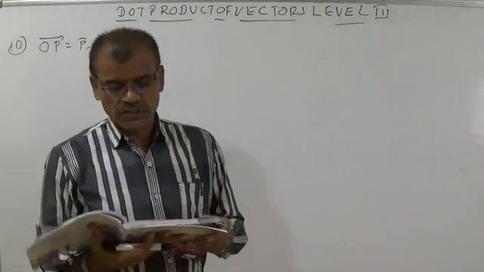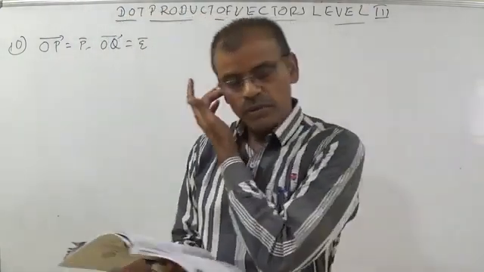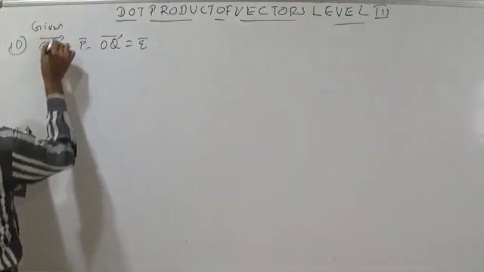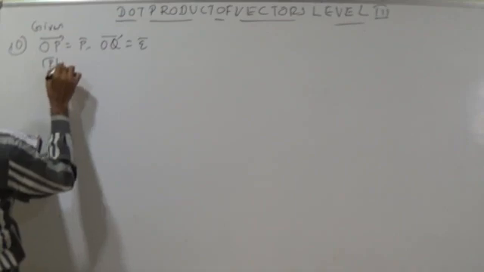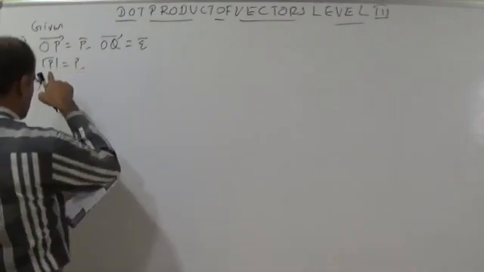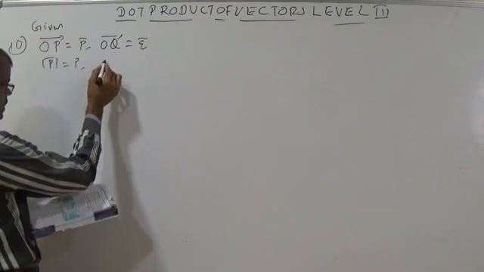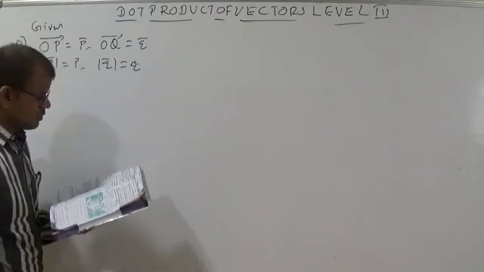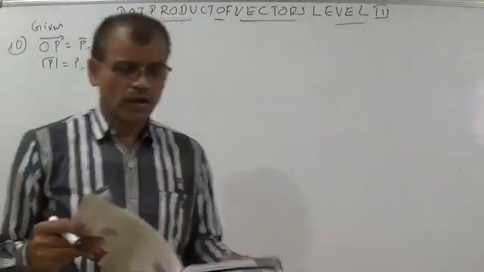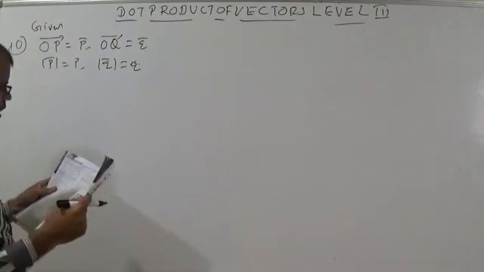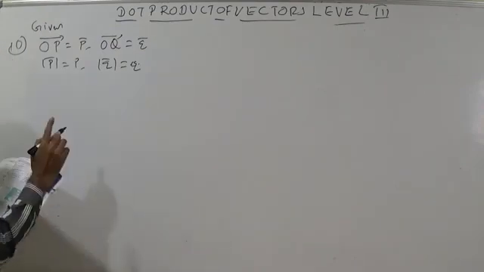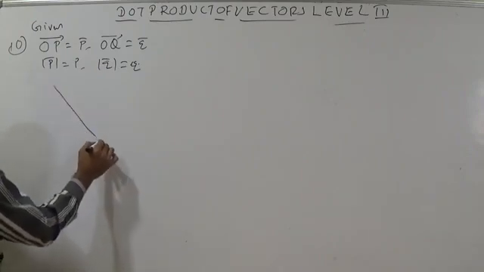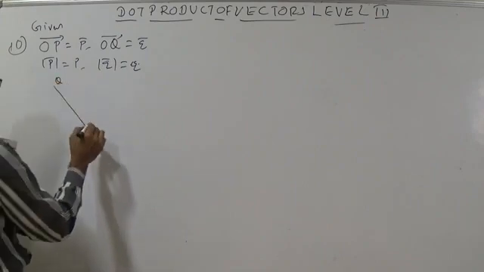P bar and Q bar are the position vectors, and mod P bar is equal to P. Given data: mod P bar is simply P, it is not a vector. The magnitude of a vector becomes a scalar, and mod Q bar is equal to Q. If R and S divide PQ internally and externally in the ratio 2:3, put P here, put Q here.